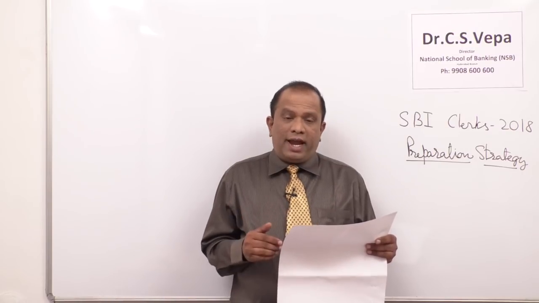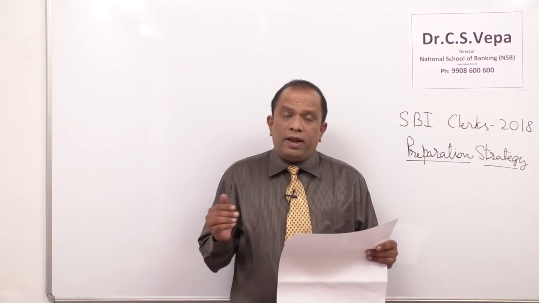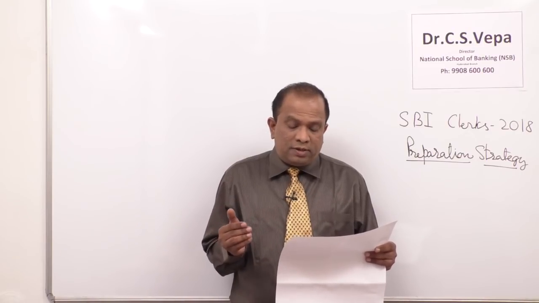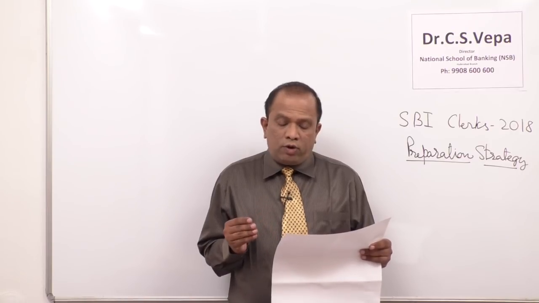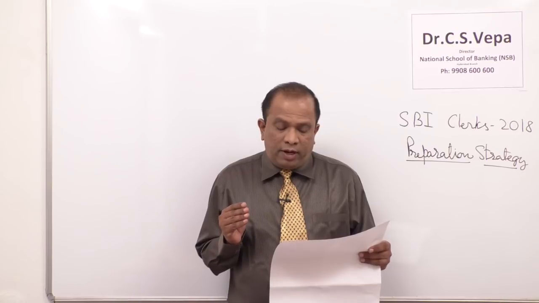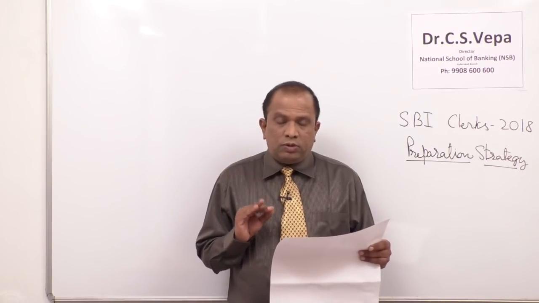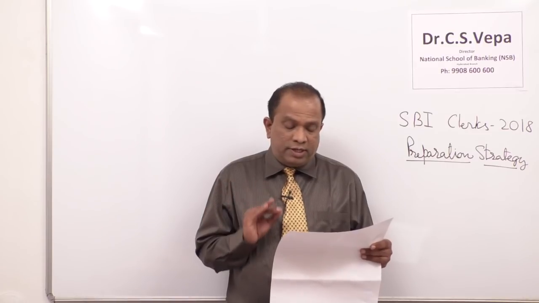And when you look at the time limit, general and financial awareness is 35 minutes, so on average you have around 42 seconds for answering each question. General English is 40 minutes, so 52.5 seconds. Quantitative aptitude is 45 minutes, so the average time that one can spend on each question is 54 seconds.